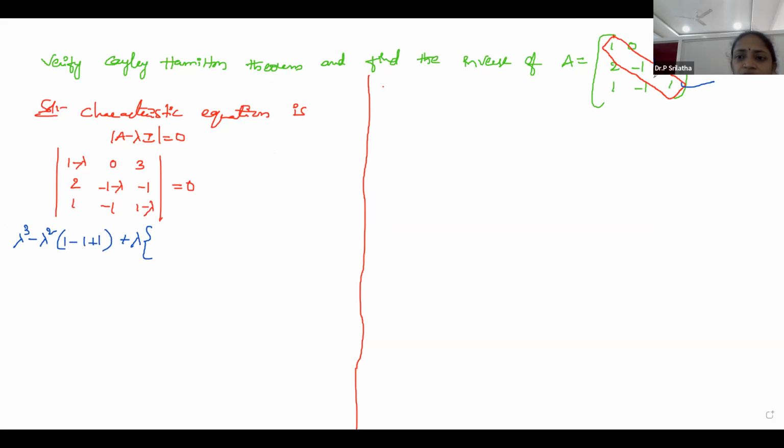Okay, so for the lambda coefficient, we need to write the sum of the product of the diagonal elements minus the sum of the product of the non-diagonal elements, right? Sum of the product of the diagonal elements means here 1 into minus 1, minus 1 into 1, and 1 into 1.